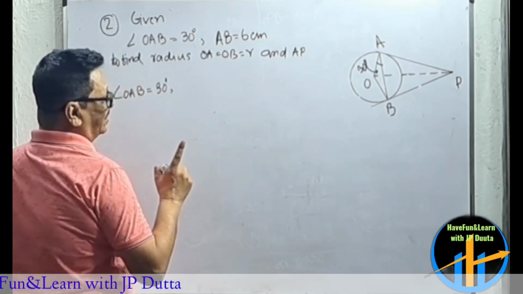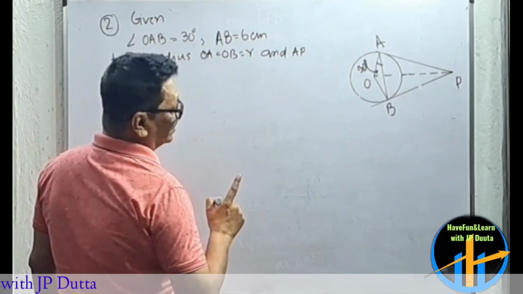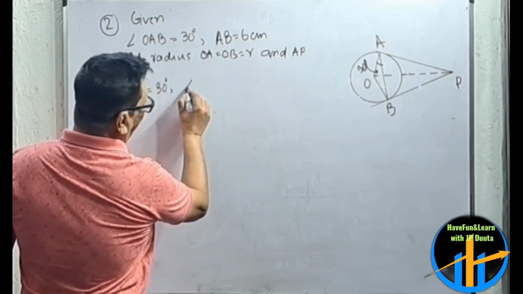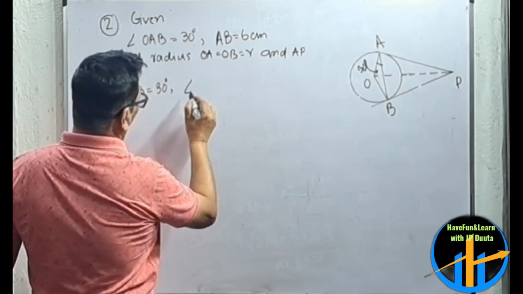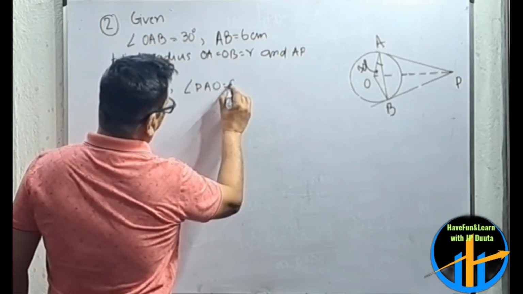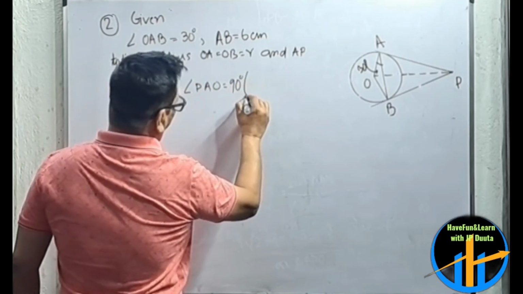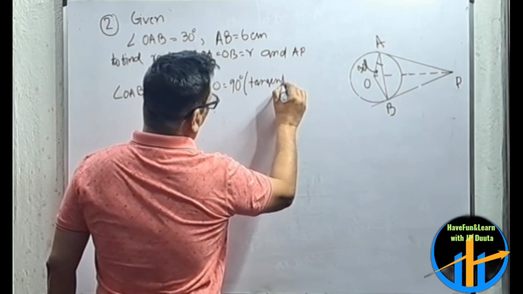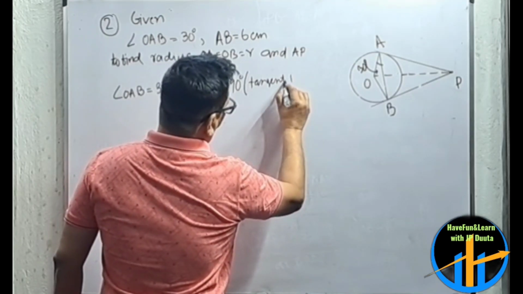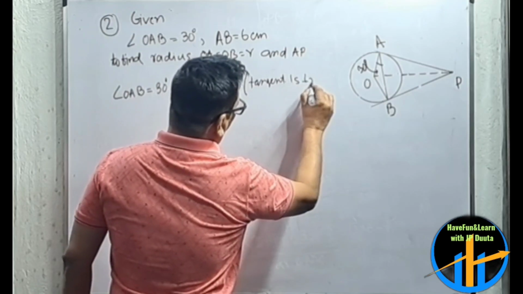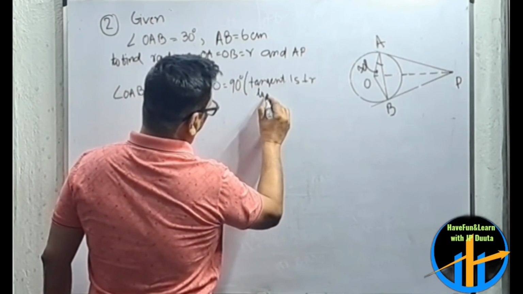Now the tangent at A makes an angle of 90 degrees with the radius, correct? So therefore angle PAO is equal to 90 degrees. Tangent is perpendicular to the radius.